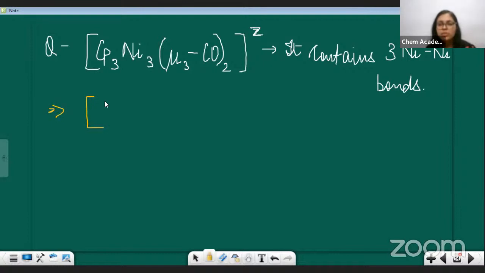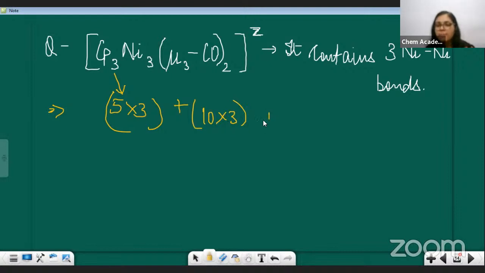So here it's going to be 5 into 3 for Cp, plus group number of nickel is 10 into 3 since there are 3 of those, plus we know that for mu3 we have 2 into 2 since its contribution is 2, plus Z, plus since it says it has 3 metal bonds, therefore 3 into 2.